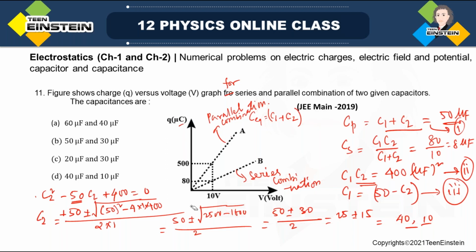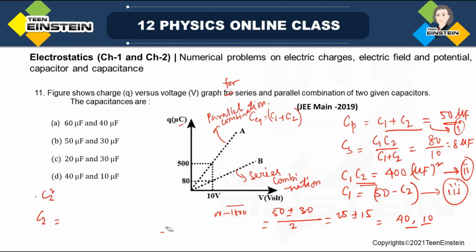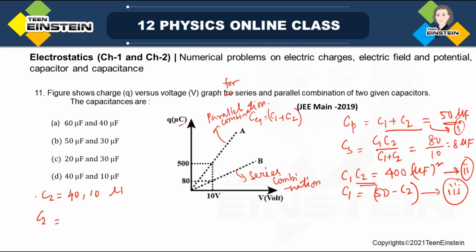So we have got the value of C2. We are just erasing this part. We'll write here. This calculation part I am removing. You might be smart to do this. Just look at the process. Okay. I'm just writing here. C2 is equal to either 40 or 10 microfarad.